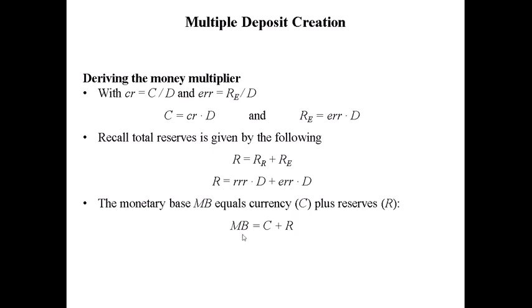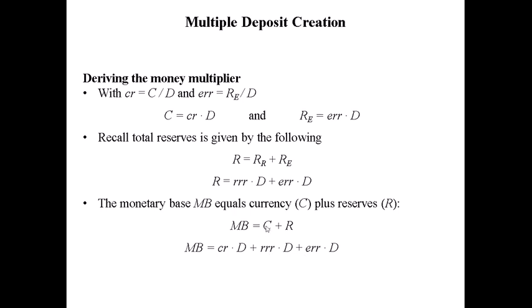Now the monetary base equals currency plus reserves, if you remember. And what is currency? Currency is the currency ratio times demand deposits, so I'm replacing C here with what it equals. And reserves is just the sum of these two products.